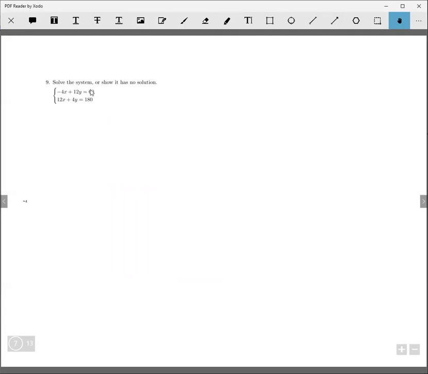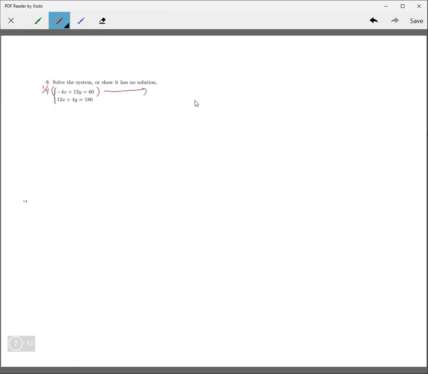Now, sometimes it's helpful to divide by common factors. So you can see that all the terms here are divisible by 4. So let's just divide by 4 and then we'll see what we get. So that's negative x plus 3y equals, let's see, 60 divided by 4 is 15.